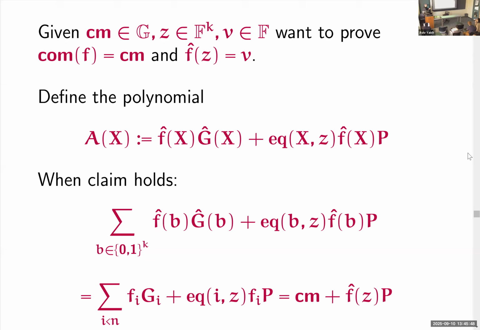Now, an interesting exercise is the other direction. Let's think about it for a minute. Suppose we know that the sum is Cm plus f(z)P. Does that imply this claim?